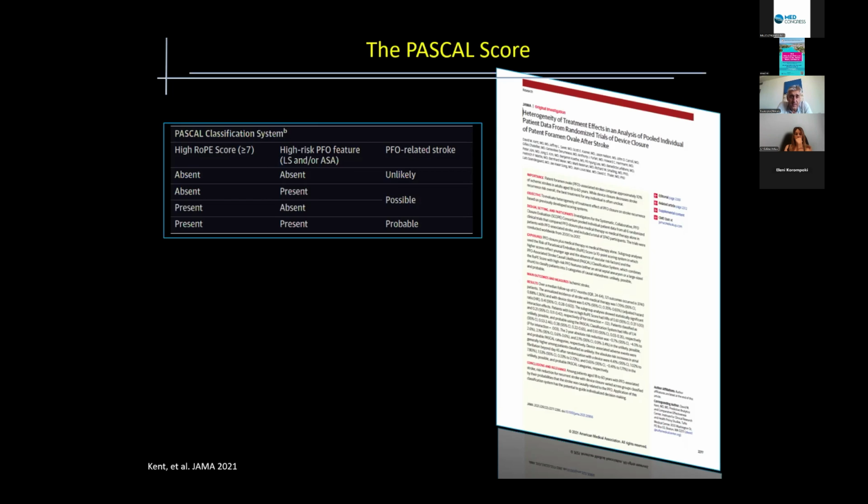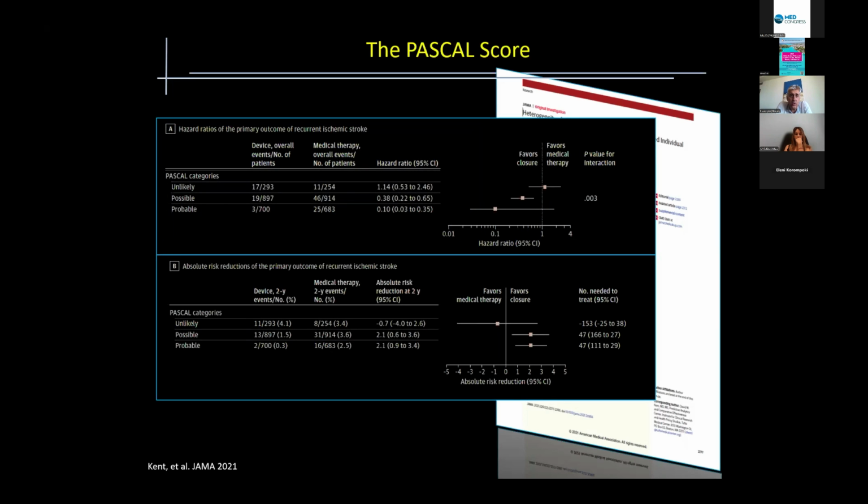So this PASCAL classification was again confirmed by the analysis of those trials, where you see the effect estimate. You see at the upper panel, at the lower row, if a patient was considered as having a probable PFO-related cause, then the effect estimate was huge.